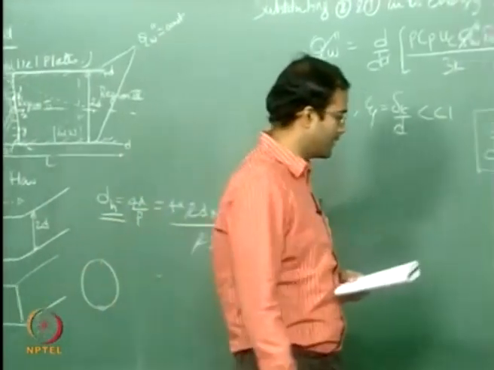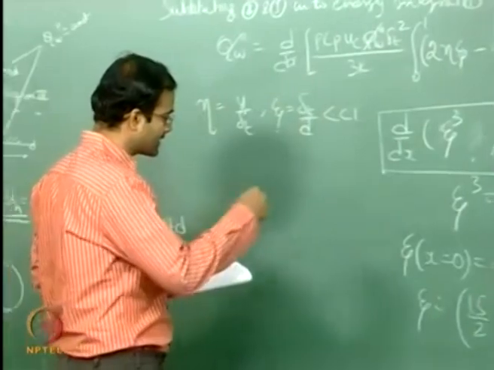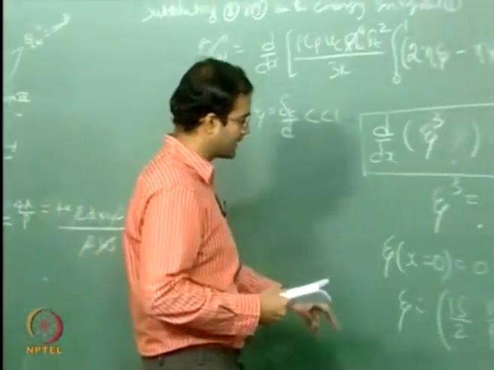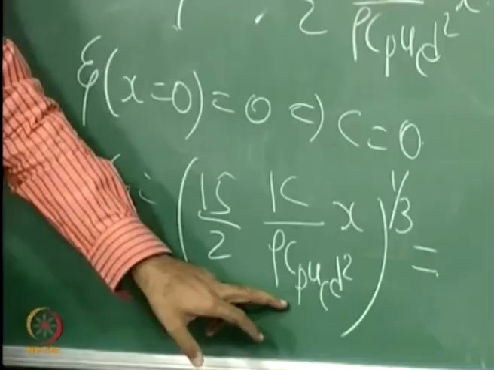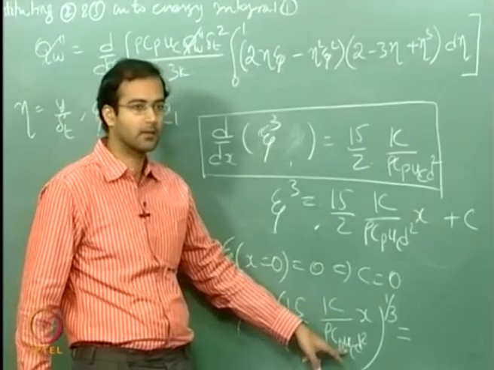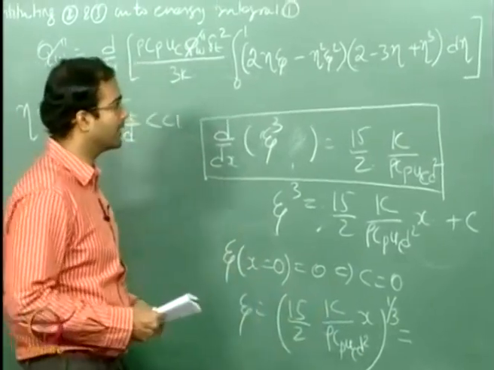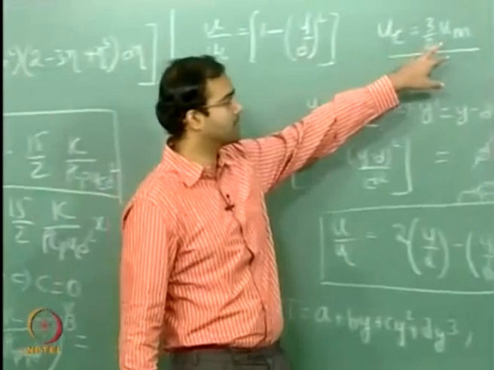Now what I am going to do is just recast it a little bit so that I can construct a non-dimensional variable out of this. My k by rho Cp is alpha, I have uc d by alpha. I know my relationship uc is basically 3 by 2 um.